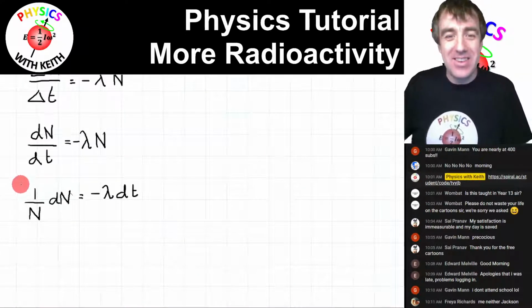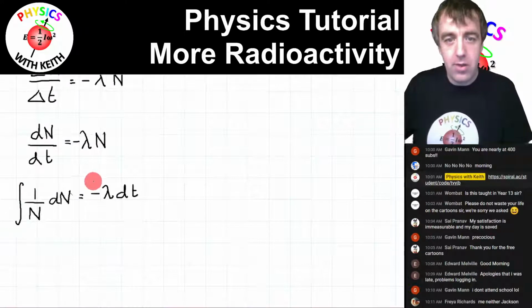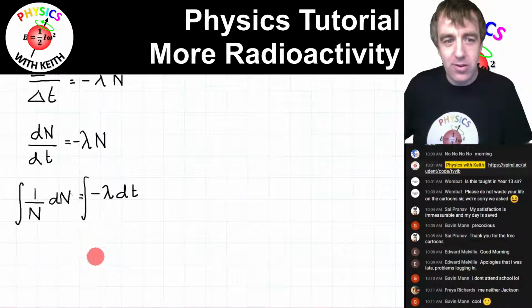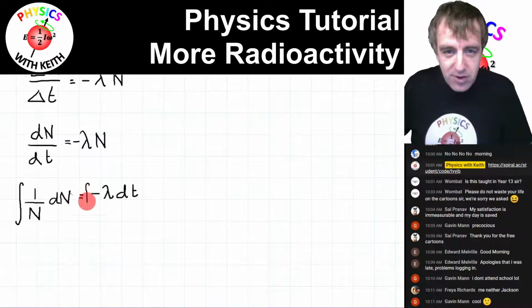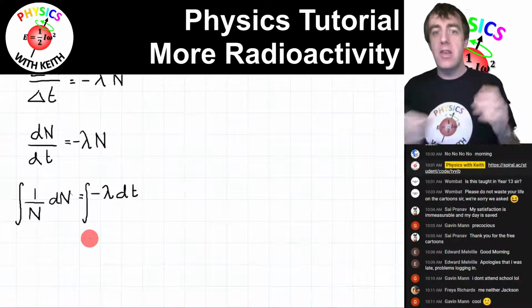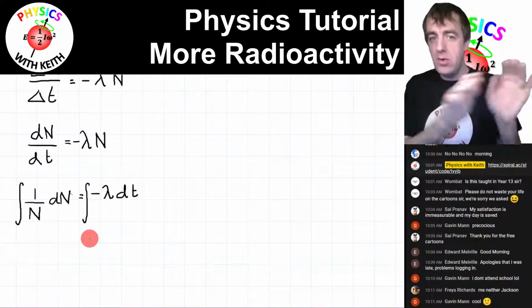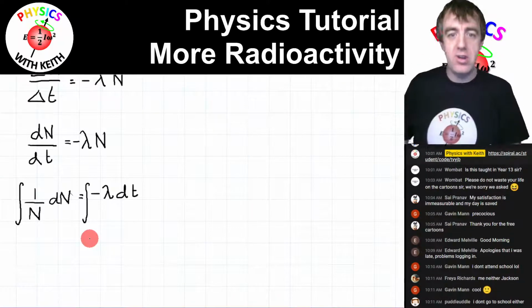So what I'm going to do is sum over all of those small intervals. That's just a sum. That's all we're doing, adding up all those small little chunks.